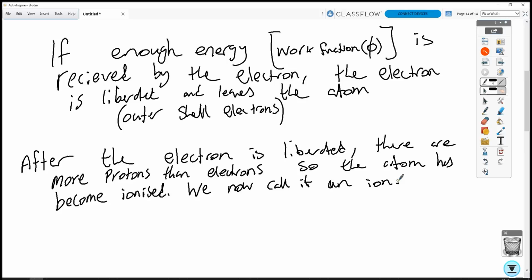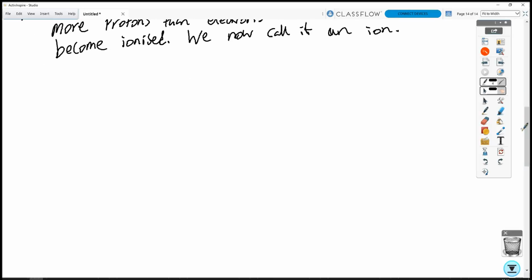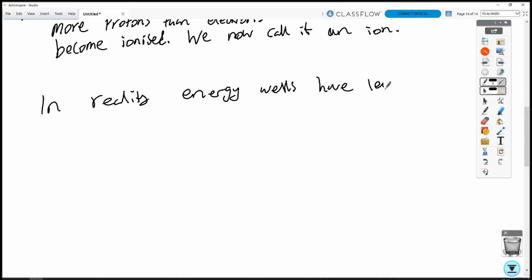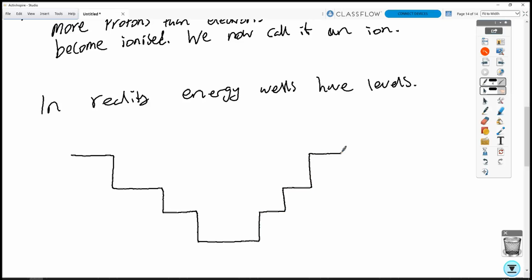But in reality, the energy wells are not so simple as just one square energy well. They actually have different levels to them. So in reality, energy wells have levels. So now we draw this as a more complicated well. And we draw our electron here.